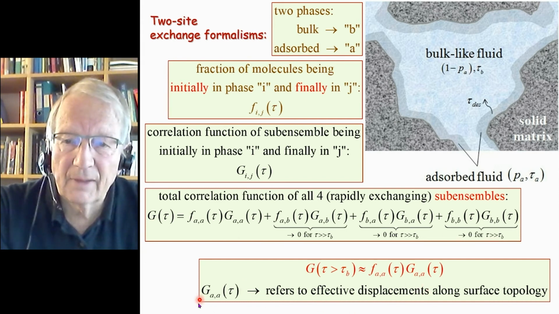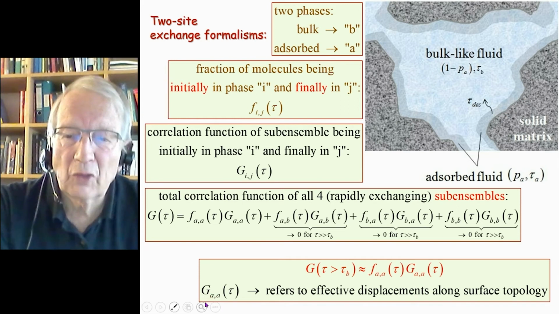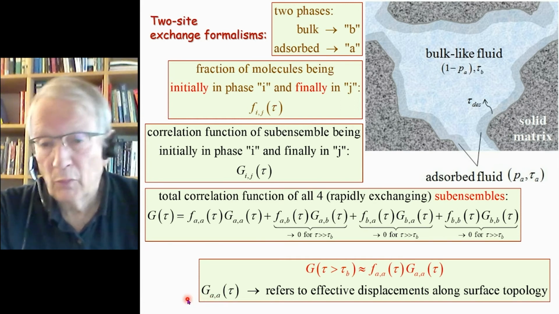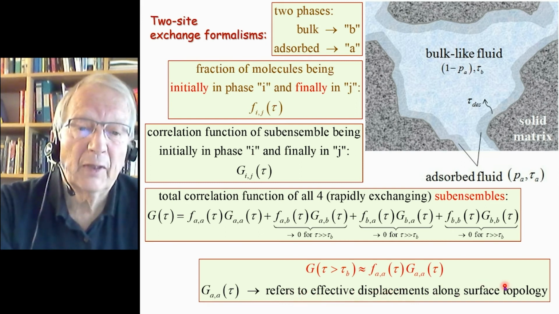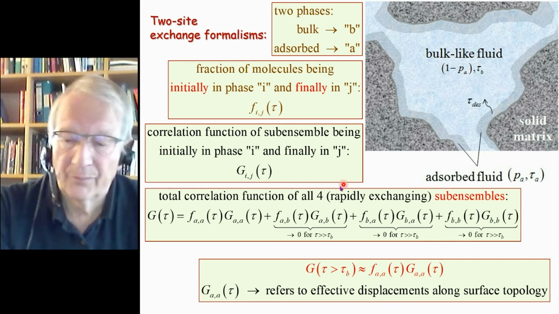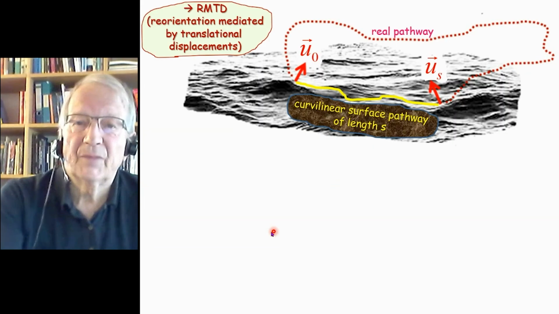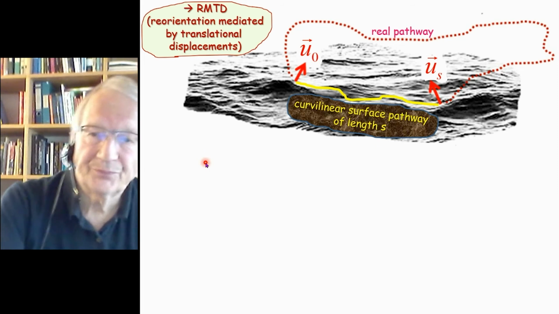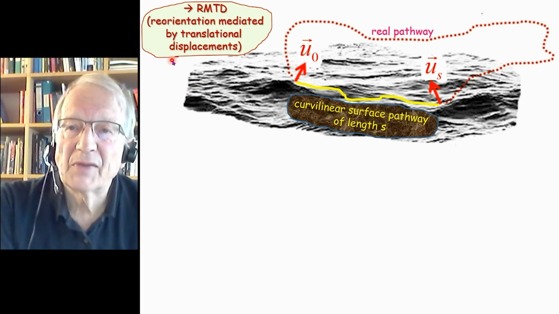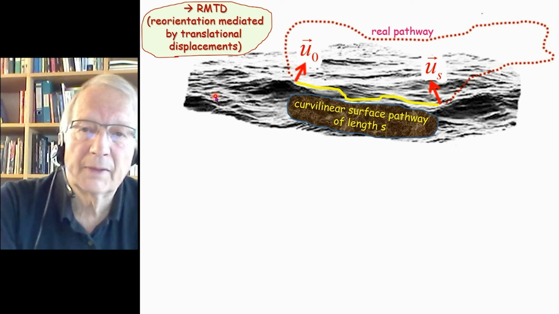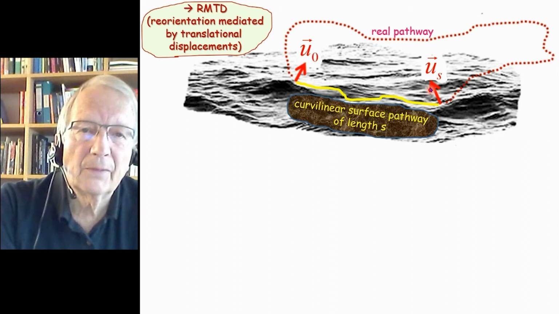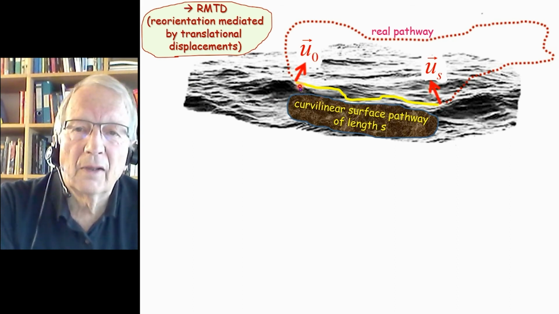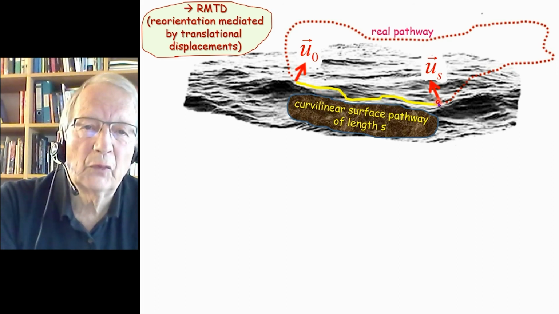Okay, and because molecules are assumed to be in the adsorbed phase both initially and finally, we will have to consider an effective displacement along the pore surface. And this is enabled by the RMTD process, as we have already assumed. We have an initial position on the surface and a final orientation at the surface, and some curvilinear surface pathways.